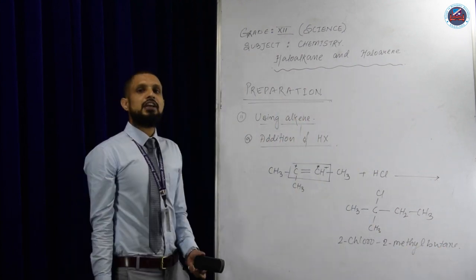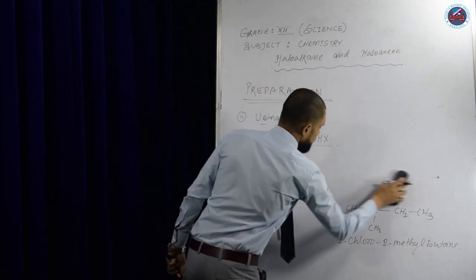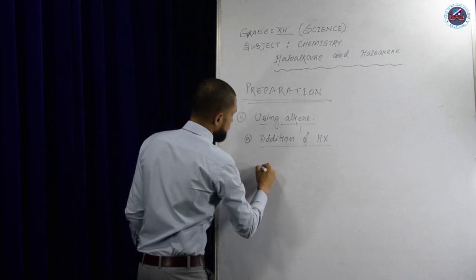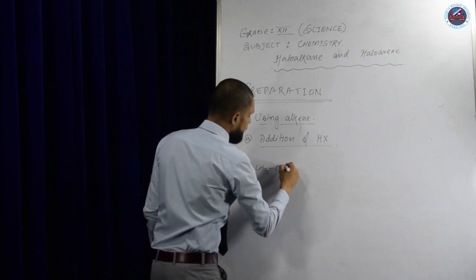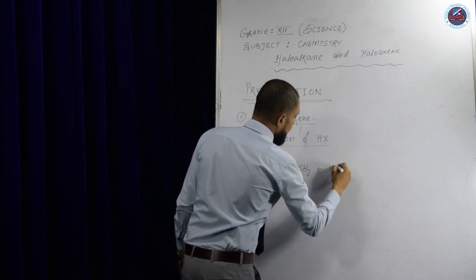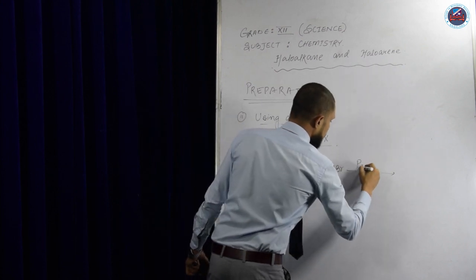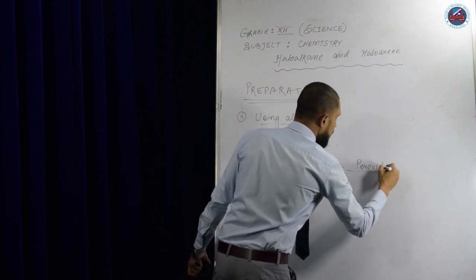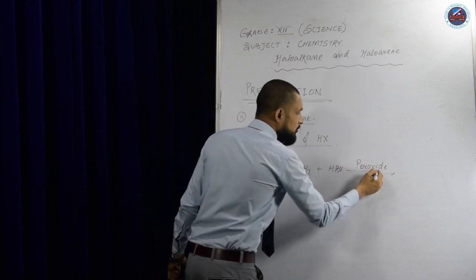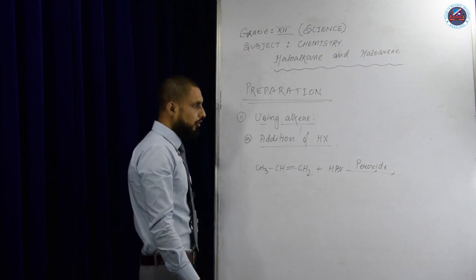Now let us see the example for anti-Markovnikov rule. So you have this alkene that is unsymmetrical and we are adding HBr. And this reaction takes place in presence of peroxide. So since this reaction takes place in presence of peroxide, it will follow anti-Markovnikov rule.